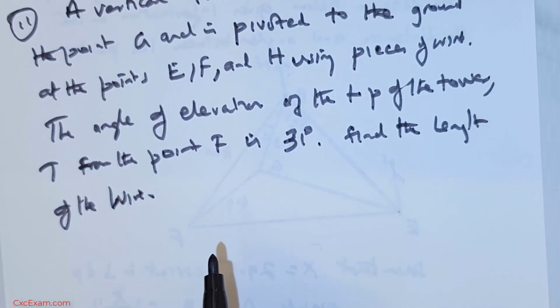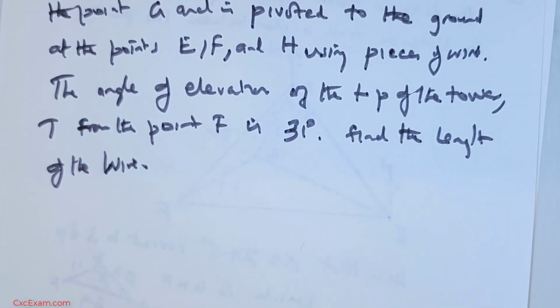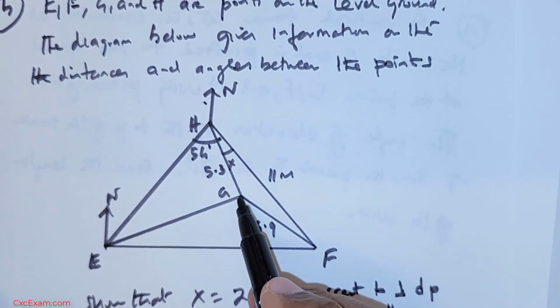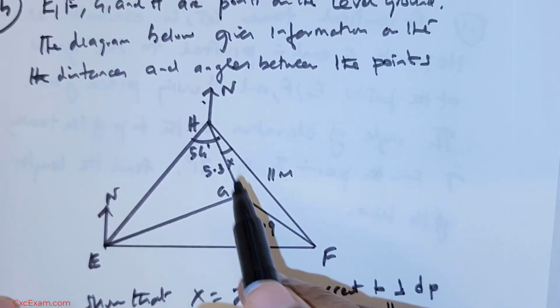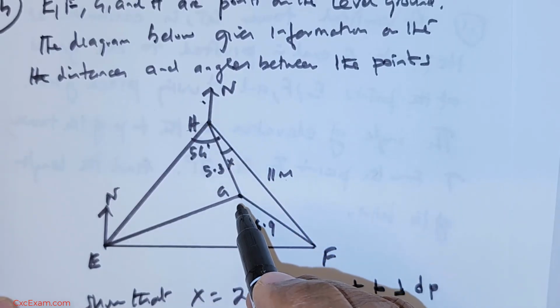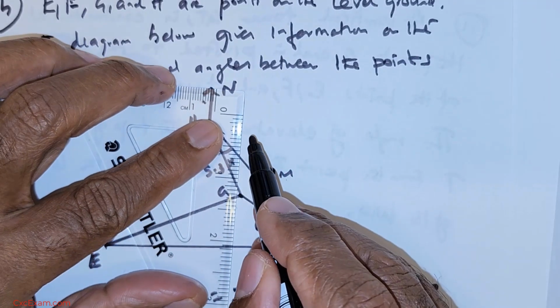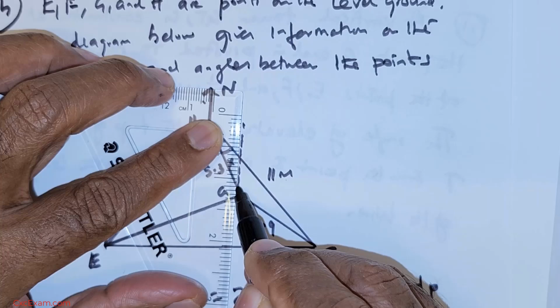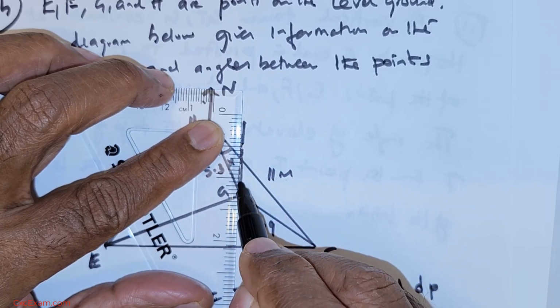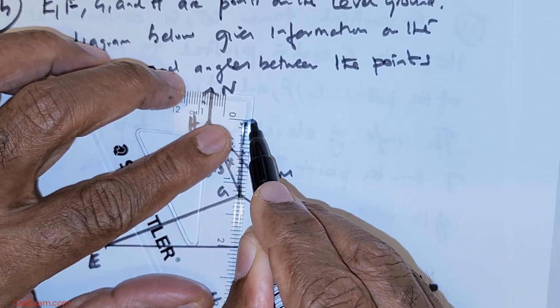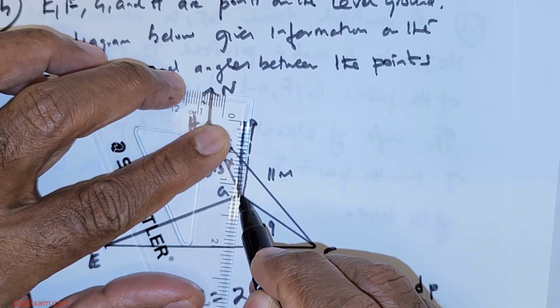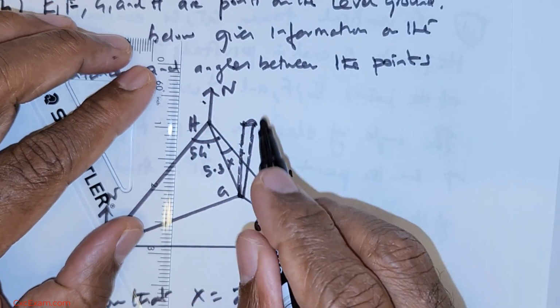Okay. So what is the understanding of this question? Let's see that. So now this is ground. They have a tower that they are erecting vertically. So you have this tower going up like this. You can only construct towers like this, vertical towers.